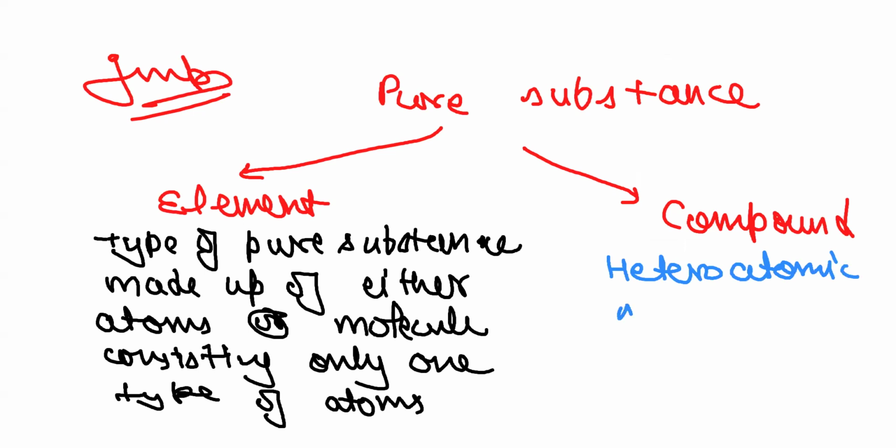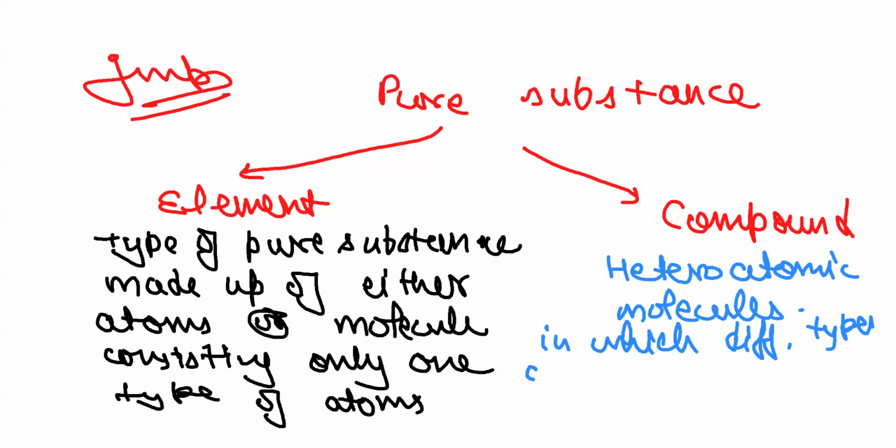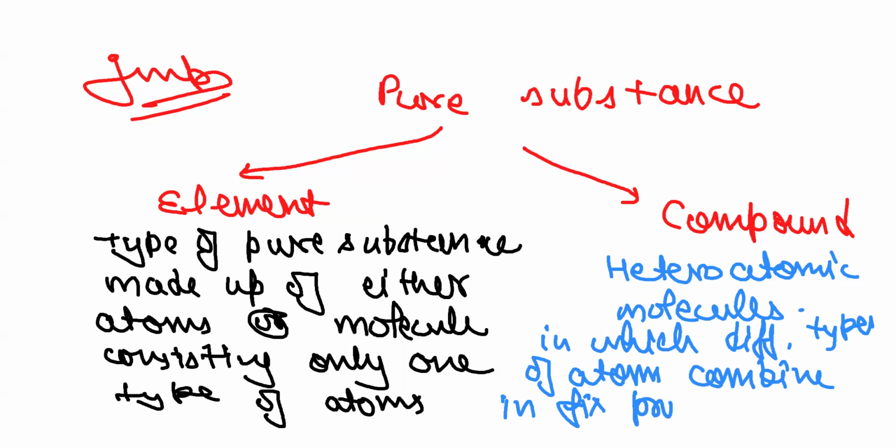You simply say heteroatomic molecules, in which different types of atoms combine in a fixed proportion chemically.